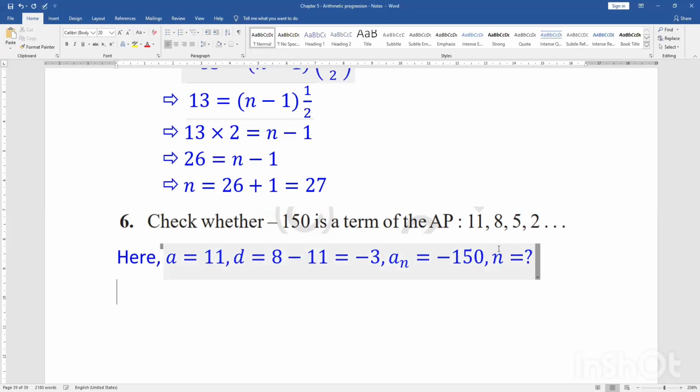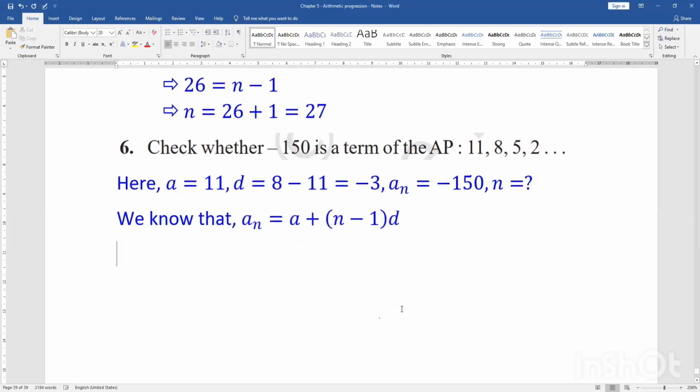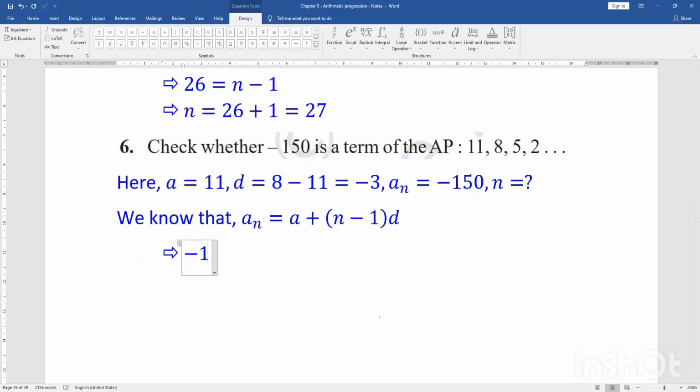Now we are going to take the formula. We know that an equals a plus n minus 1 into d. Then I take an as minus 150 equals a, which is 11, plus n minus 1 into d. What is the d value? It is minus 3.